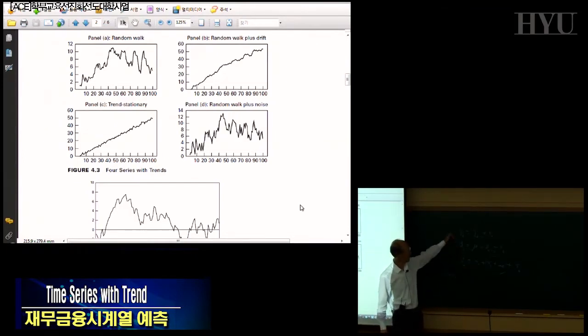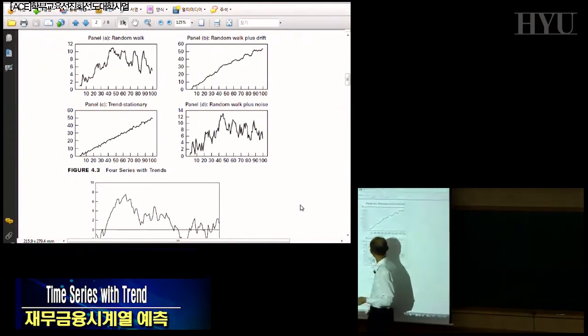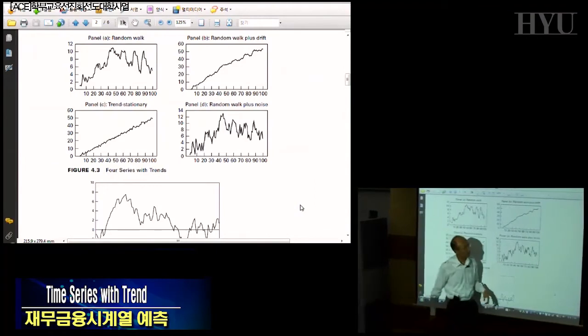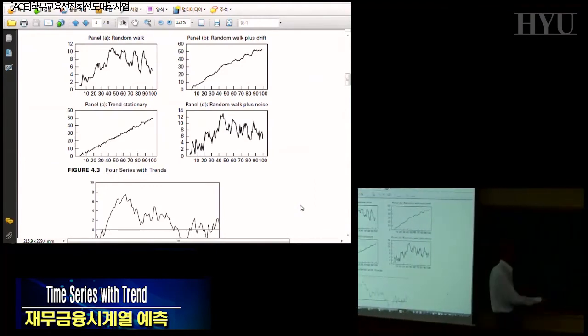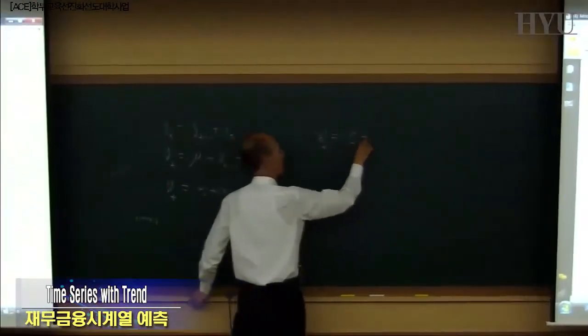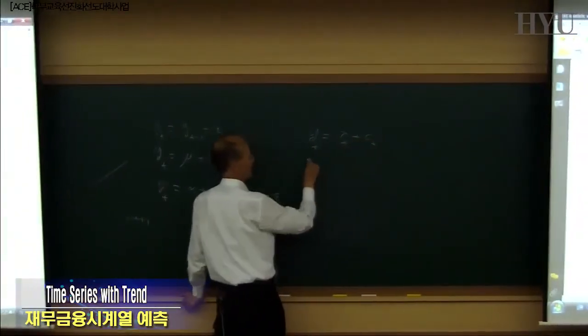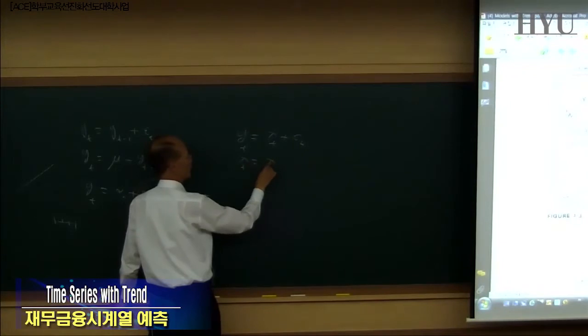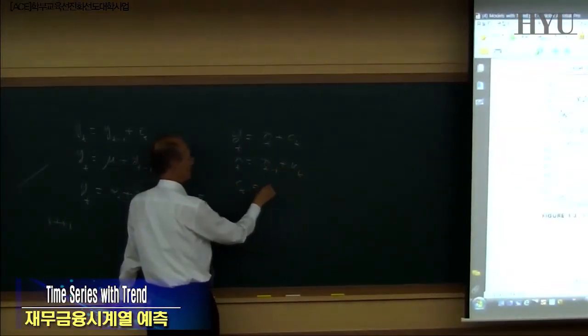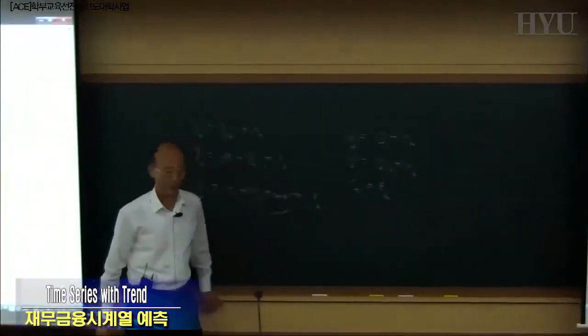Instead, something more or less like this: random walk plus noise. That one is like y_t equals tau_t plus c_t, where tau_t is, let's say, a random walk, and c_t is, let's say, some stationary error.